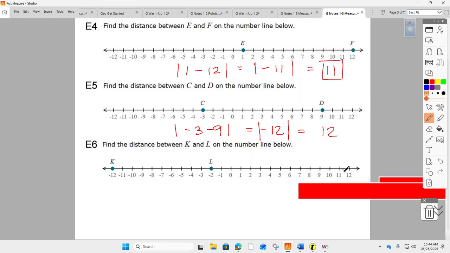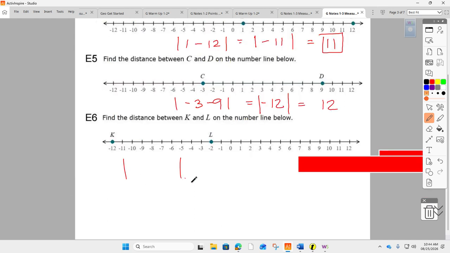You guys go ahead and do example 6. So you're going to go ahead and write the subtraction problem in the absolute value symbol. You listening, Sam? Daniel, when you write it in there, buddy? Let me see. Did you write it?